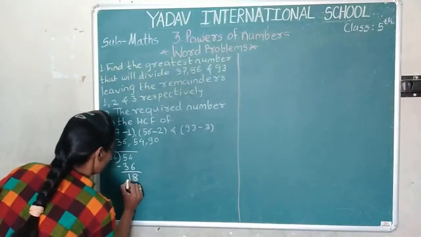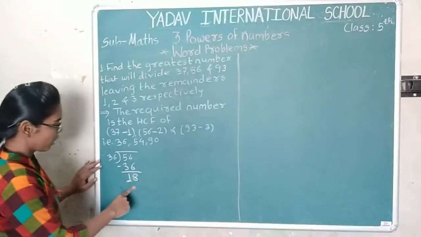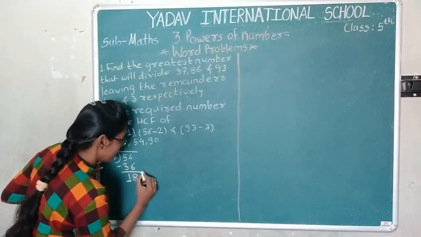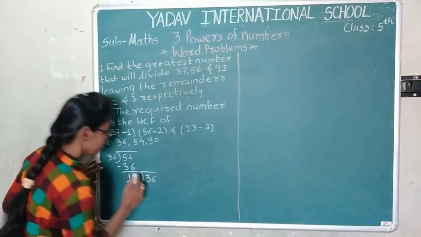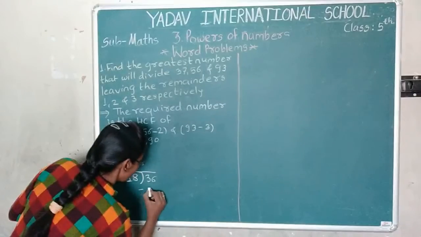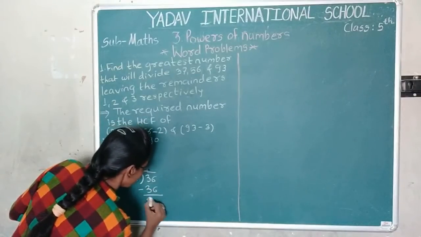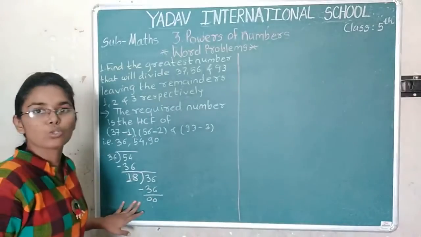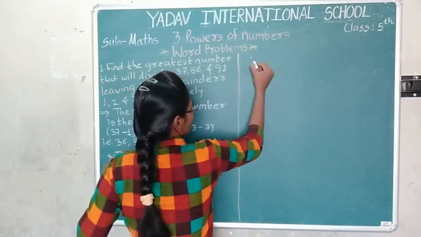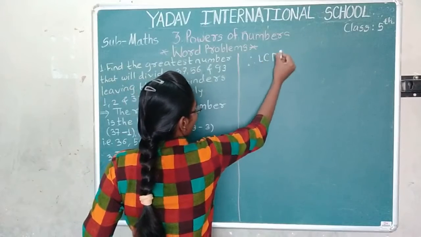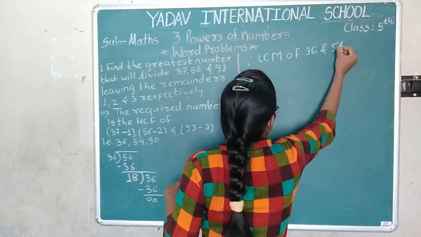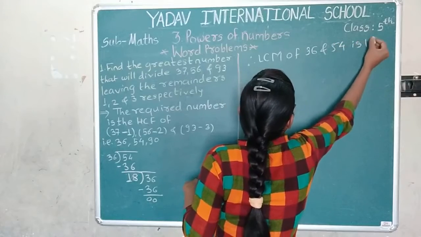Now we have to divide 36 by 18, that is the first divisor by the first remainder. So 18 twos are 36. So we get here the remainder 0. So 18 is the HCF of 36 and 54.